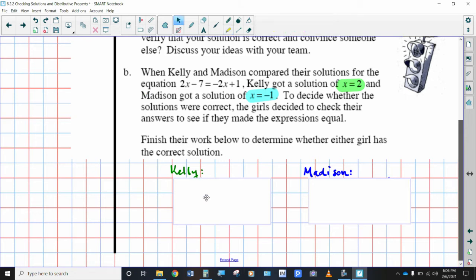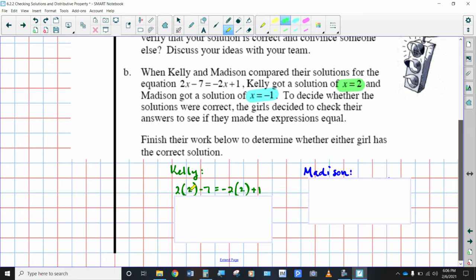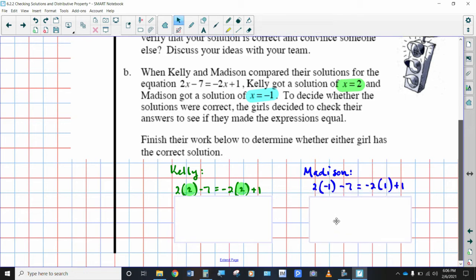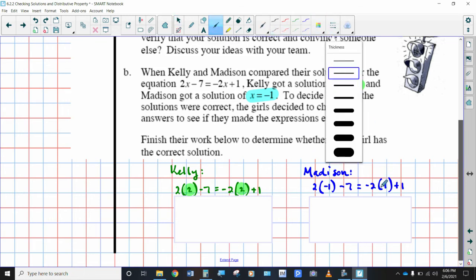So what do we do? We substitute our solution here and here, for Kelly's check and for Madison's check. Did I not do that correctly? I think I might have made a mistake. That's supposed to be a -1. That is right there. Okay.